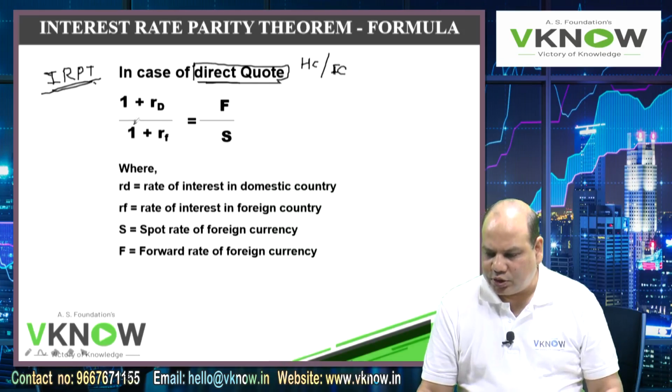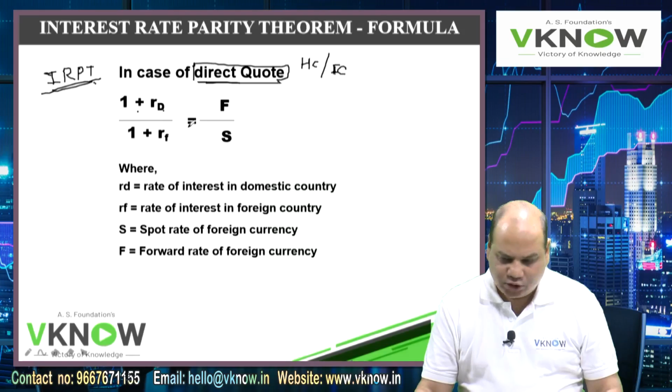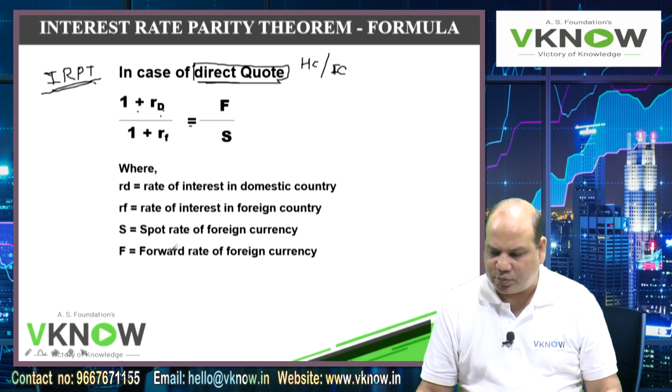Then the equation is (1 + RD) / (1 + RF) = F / S. What is RD? Interest rate in domestic country. RF is interest rate in foreign country. S is the spot rate and F is the forward rate of the foreign currency.